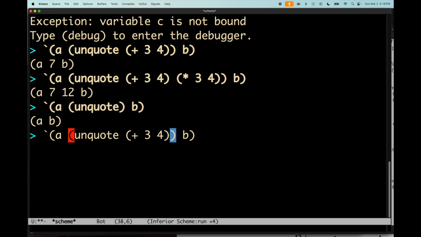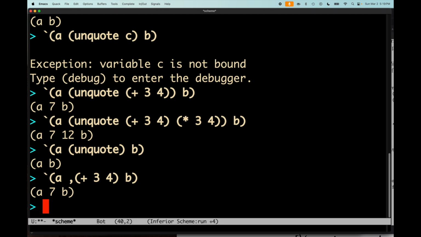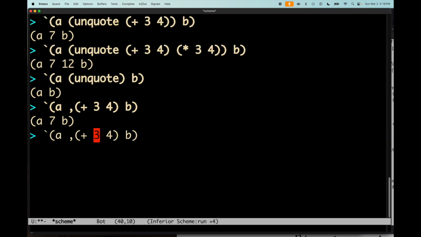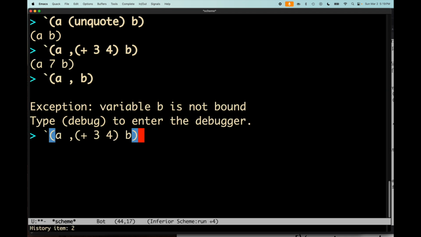Here, with a single expression we want to evaluate, we can use a single comma, but that comma has to have something after it. So that's not allowed. Well, it's being interpreted as unquote B, so B is being treated as a variable lookup. It's not bound.